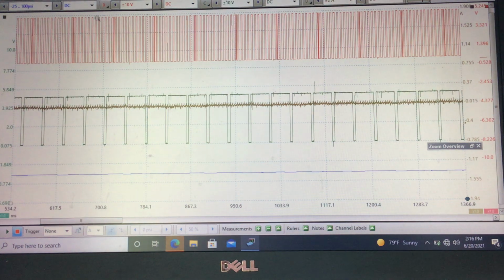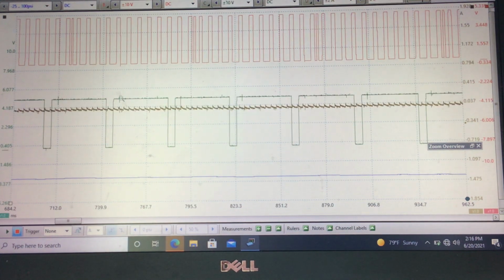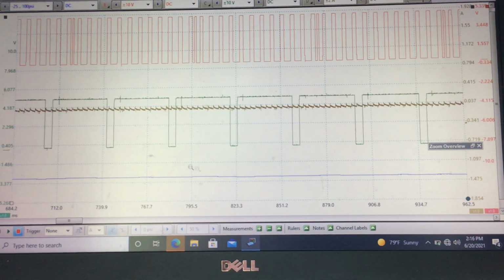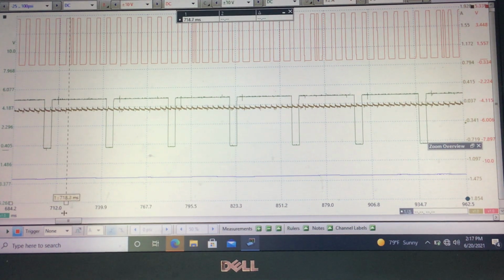This is idling. Let me get the RPM and the pressure.